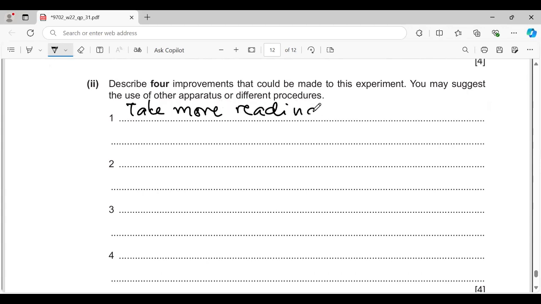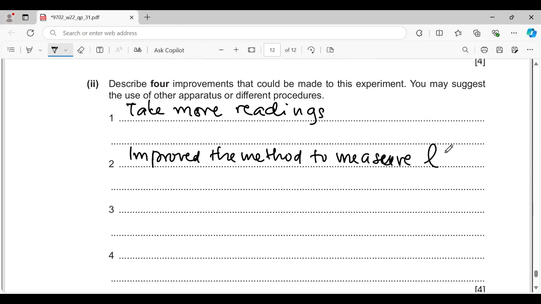It means we have to create more experiments, yielding more readings. Number two, improve the method to measure L.